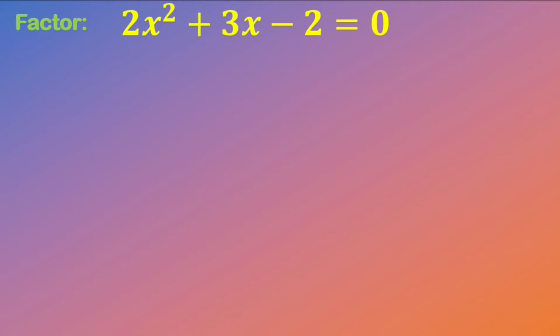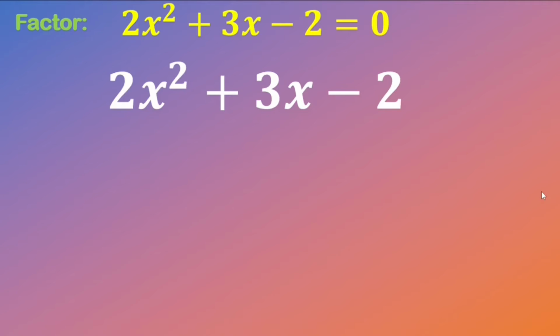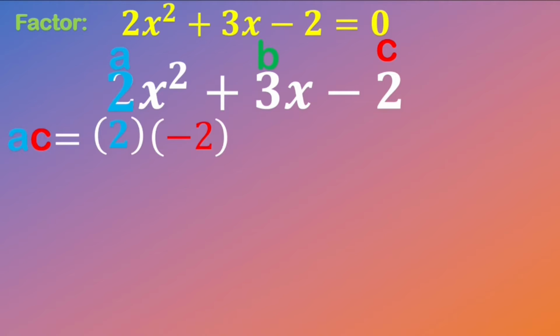And since the value of a is greater than 1, we will use the AC method to get its factored form. In the expression 2x squared plus 3x minus 2, the value of a is 2, the value of b is 3, and the value of c is -2. Now, let's proceed with the AC method. Step 1, get the product of a and c, in which a is equal to +2 and c is equal to -2. 2 times -2 is equal to -4.